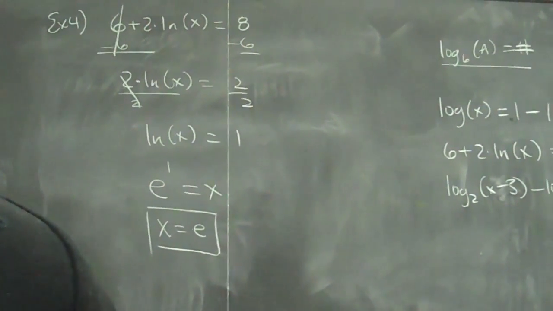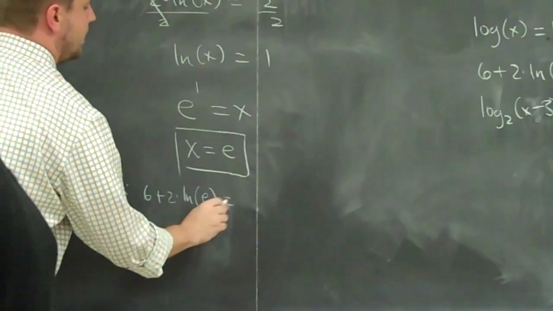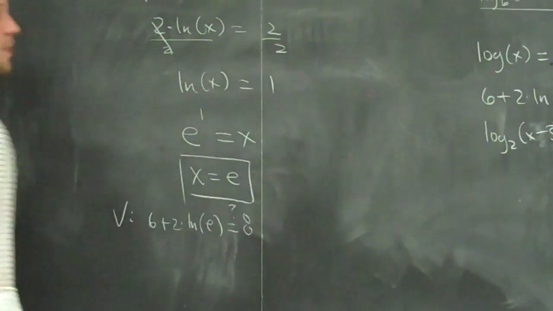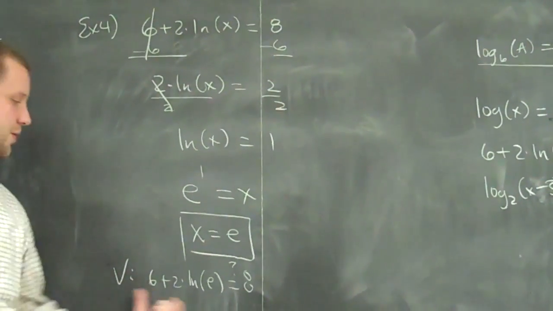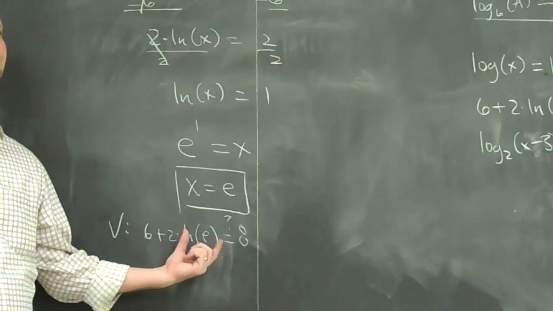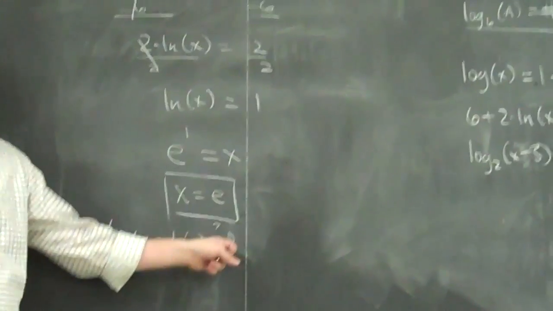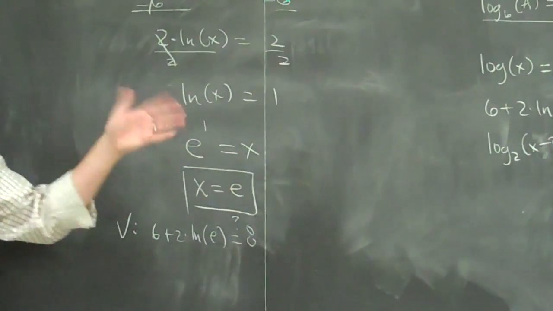If I plug it in, 6 plus 2 times the natural log of e, does that equal 8? Okay, well, let's work sort of inside out. Does anyone remember what the natural log of e is? E is 2.71828, whatever.